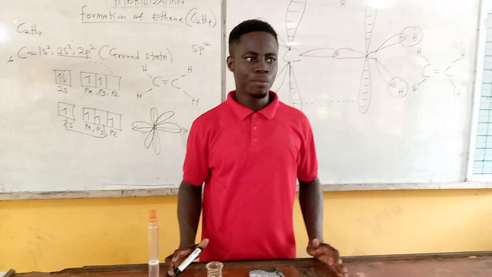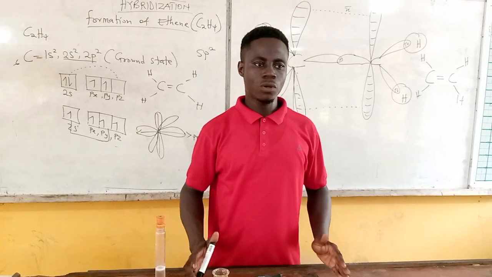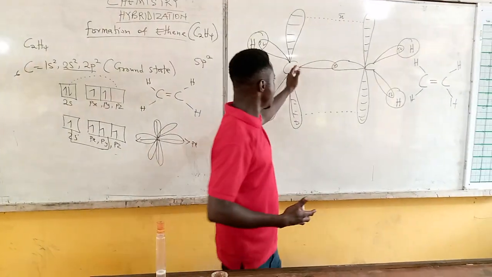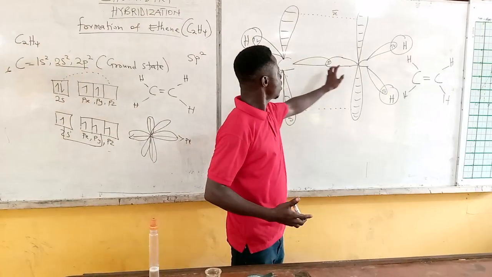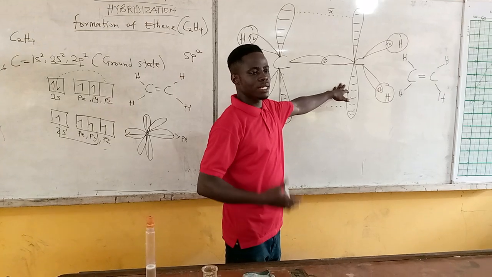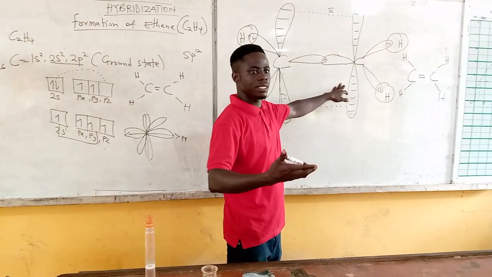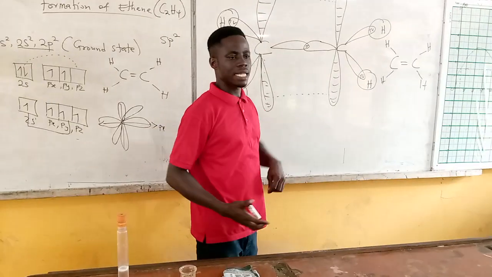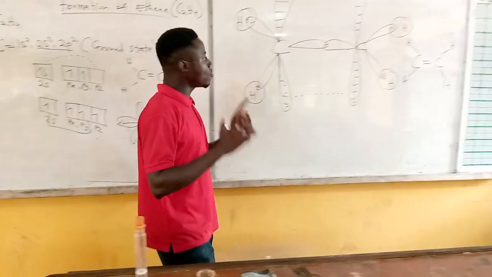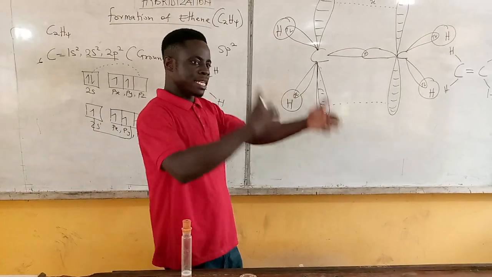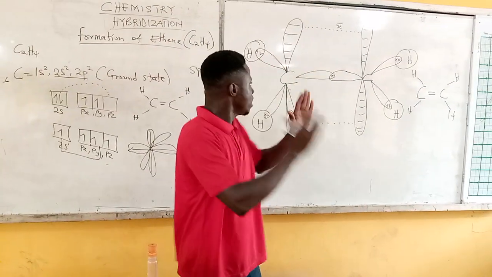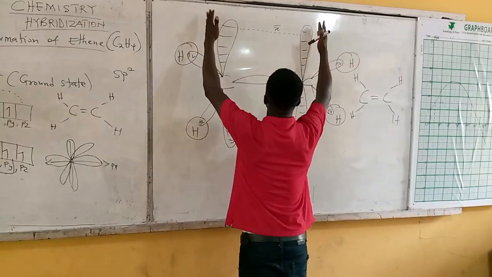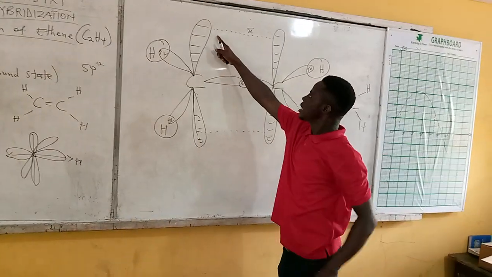We said in our previous video that sigma bonds are formed as a result of the head-on overlap of atomic orbitals. It could be the s-s orbital, the s-p, or the p-p. So this is formed; this is a sigma bond. We said that pi bonds are formed as a result of the lateral or sideways overlap of p orbitals.